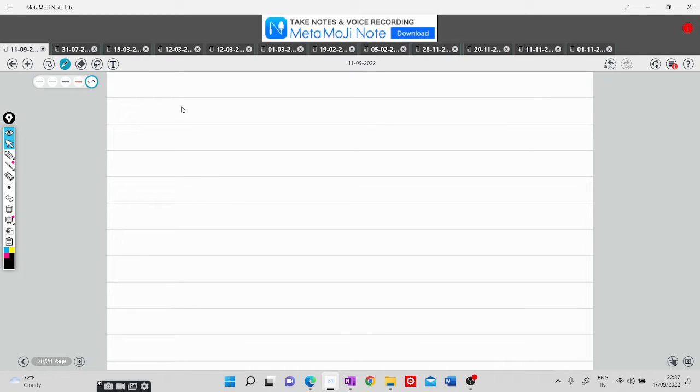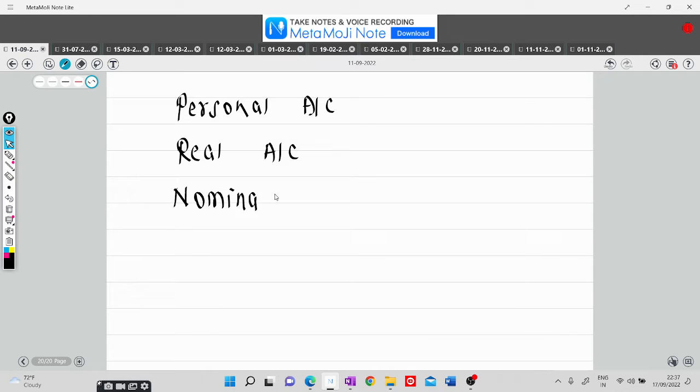Accounts are classified into three types, that is personal account, real account and nominal account. Personal accounts are in the name of persons or institutions, and real accounts are all the assets.